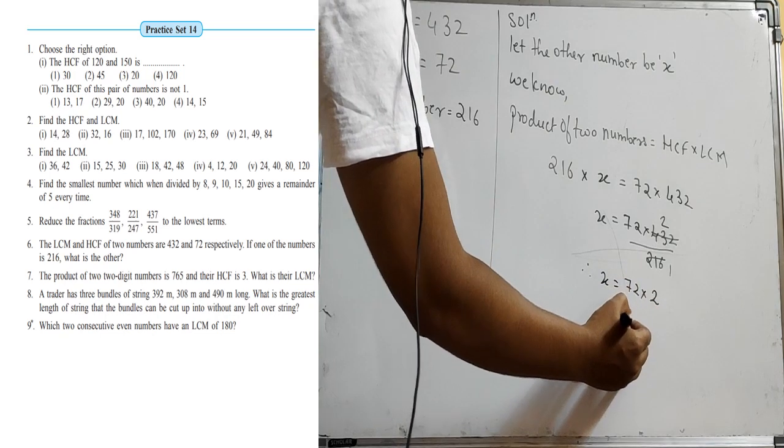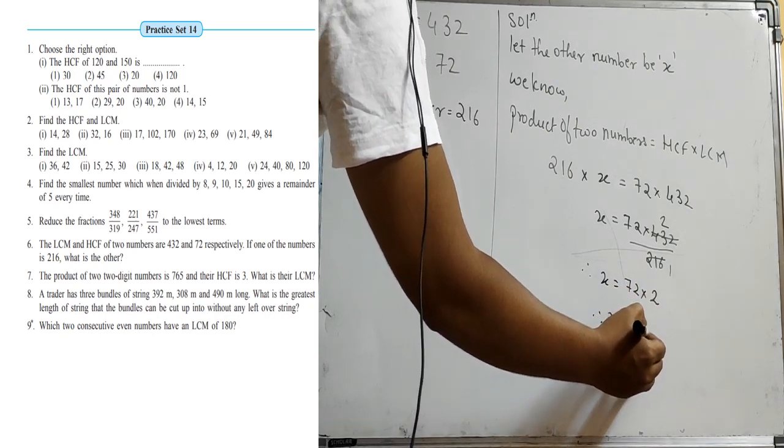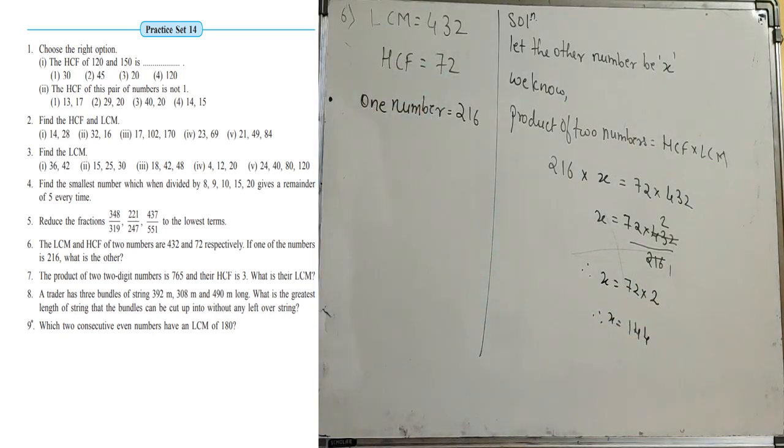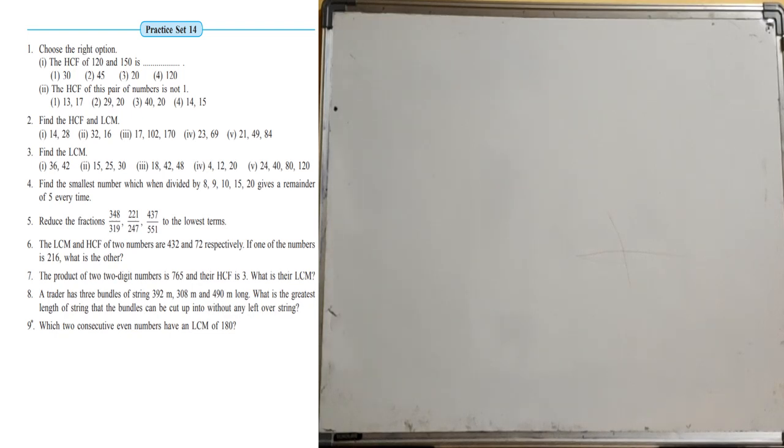Therefore x is equal to 144. So the other number is 144. I hope you will be able to solve question number 7 by yourself, because it is the same as question number 6. Now let us move on to question number 8.